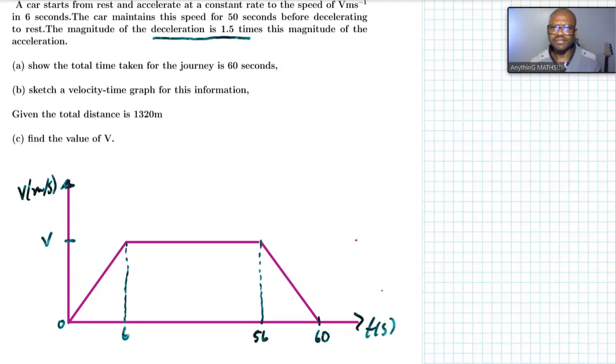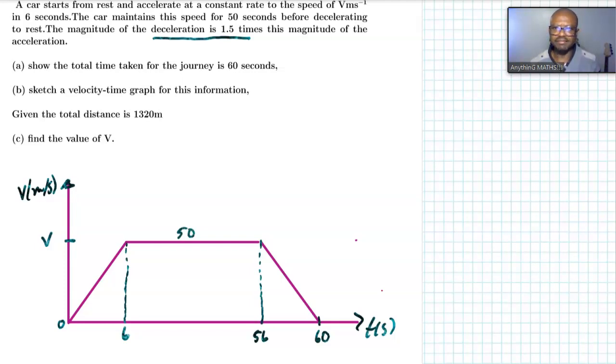We're supposed to find the value of V. That is what we have to find. Now, looking at the velocity time graph, this is also a trapezium. We know that this parallel line is 50 seconds, isn't it? And the longest will be 60.